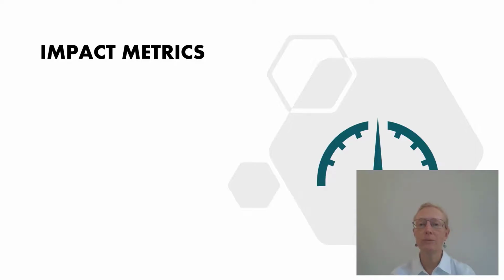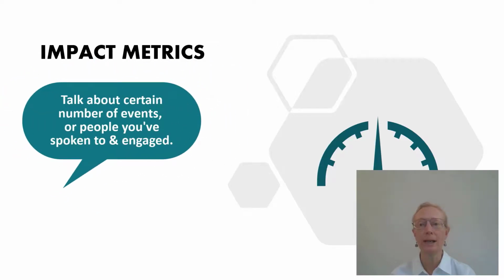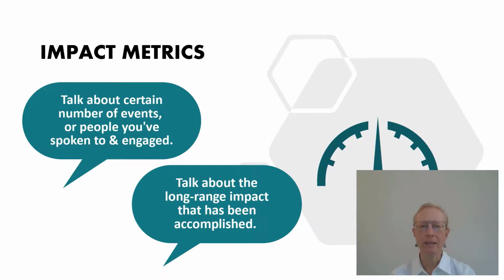Not only do you want to say that you have a certain number of conferences that were held, individuals that were spoken to, people that were engaged, but you want to talk about what the long-range impact of what you are doing has accomplished.